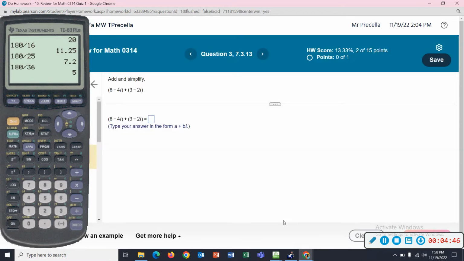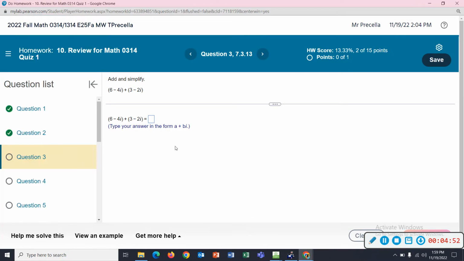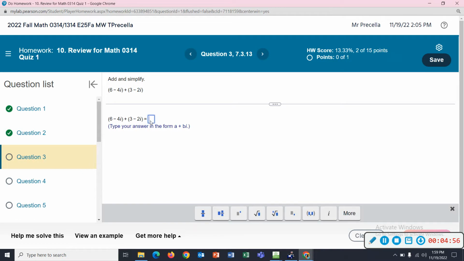Okay, let me just get rid of the calculator for right now. Add and simplify. Here we're adding together two complex numbers: 6 minus 4i plus 3 minus 2i.